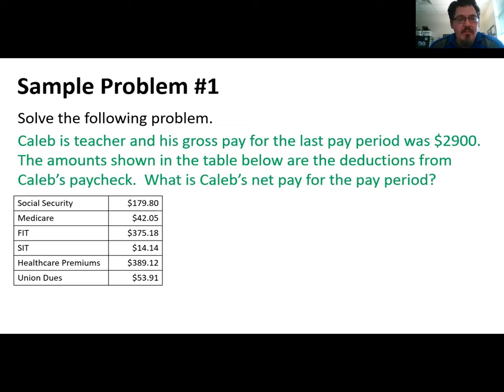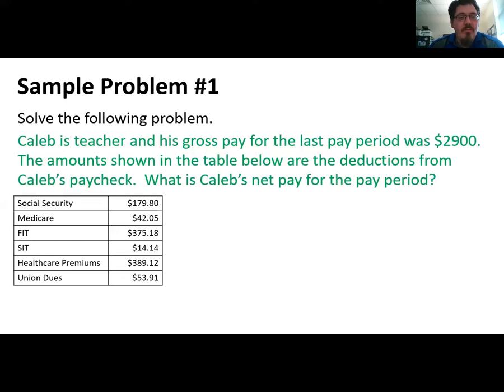That is a deduction that everybody has to pay into the government, and that helps support the Social Security system, and it also helps when it comes time for you to retire and you reach the age where you can get Social Security. The amount that you pay in determines how much you get when you're retired and bringing Social Security in.